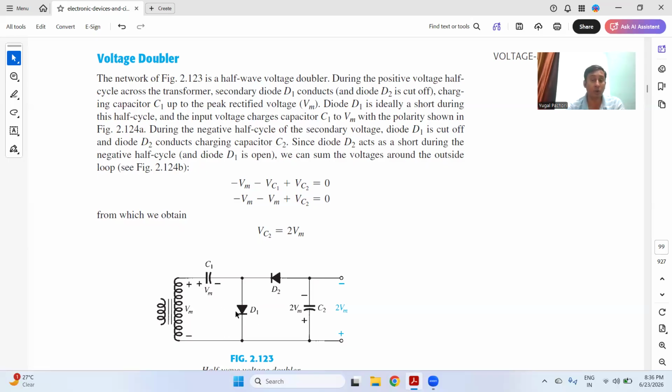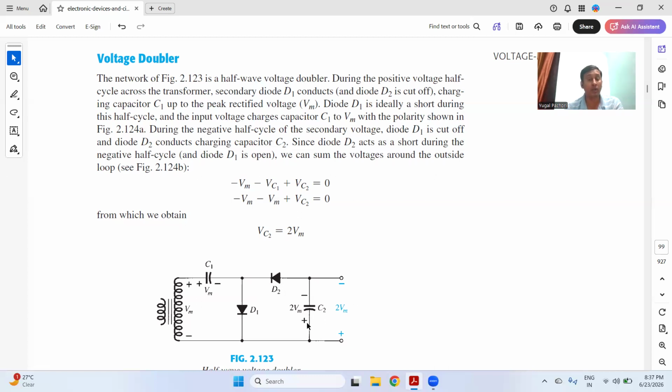In the negative half cycle, D1 will be reverse biased, off, and an open circuit, and you will have VM across the capacitor with its polarity. The VM on the capacitor and the transformer voltage will both act as voltages. So D2 will be on because it is forward biased in the negative half cycle, acting as a short circuit.